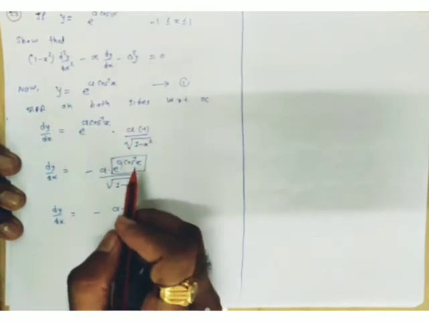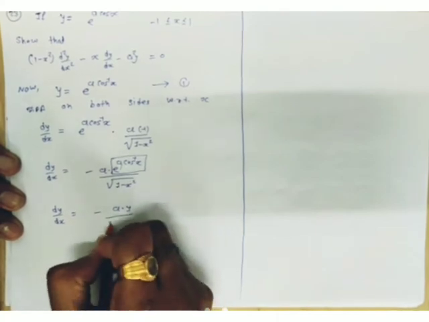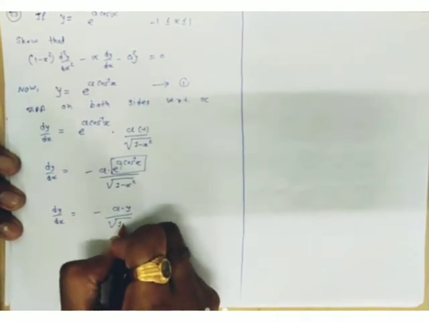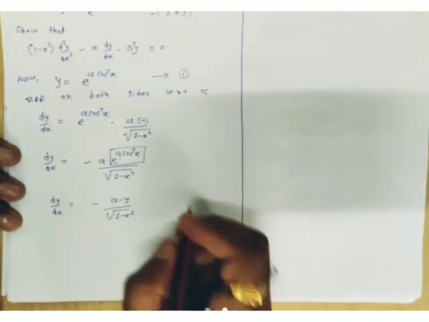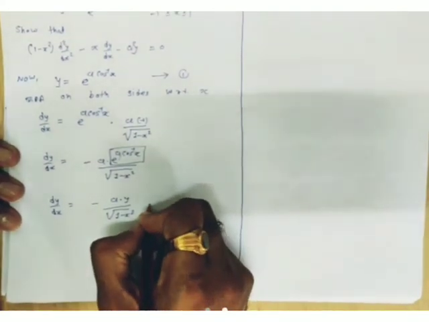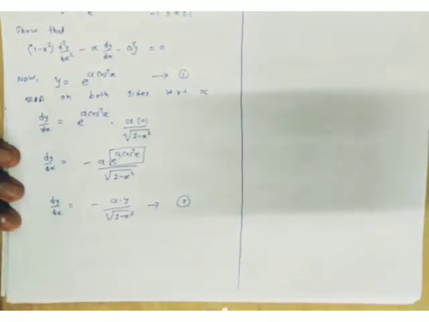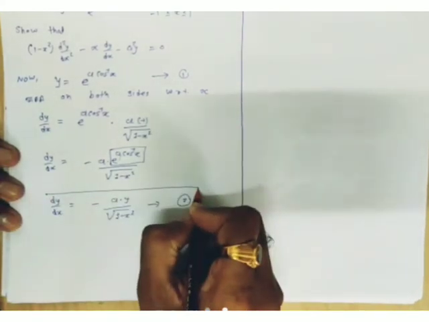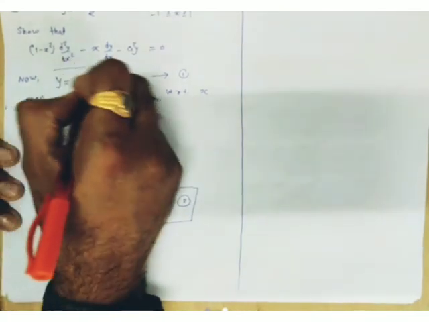So replace this value with y. It's minus ay whole divided by square root of 1 minus x square. Done? So keep this result as equation 2. That will be useful in our later simplification.